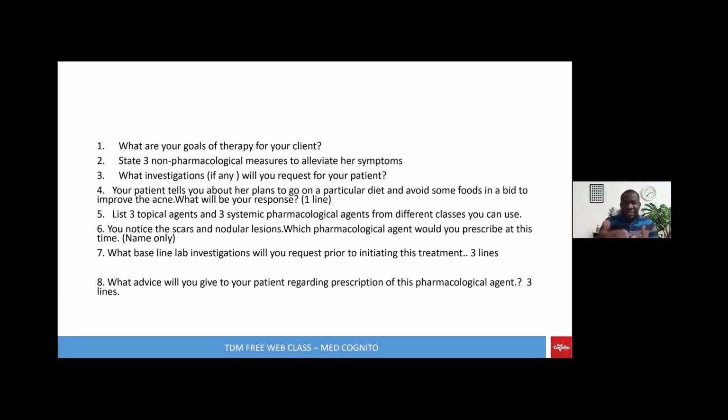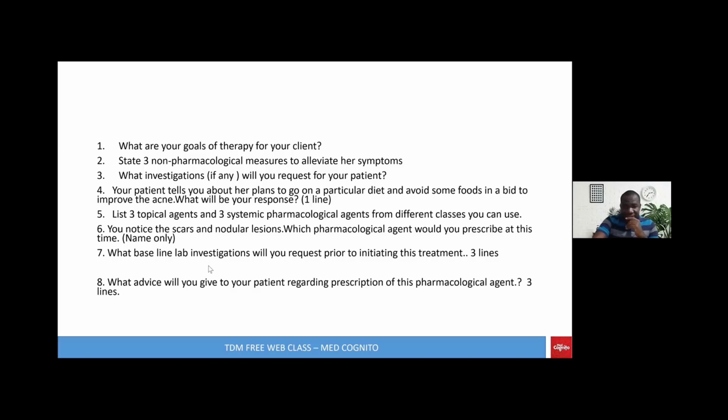And for the TDM, you don't have any negative marking. You want to be safe, but as long as your answer is reasonably safe, that is fine. Most of the time, the questions will tell you the exact number of items you are expected to know, or it will be implied in the question.